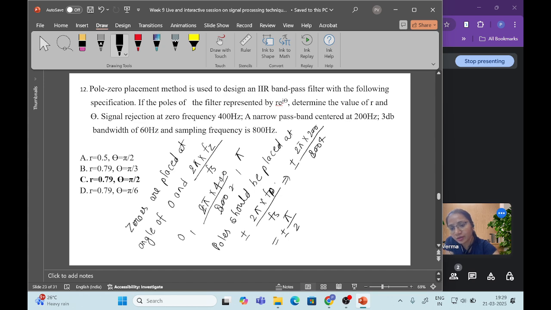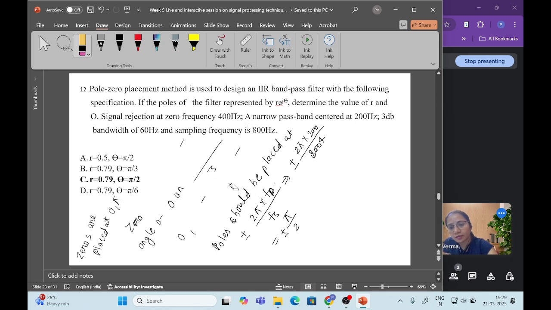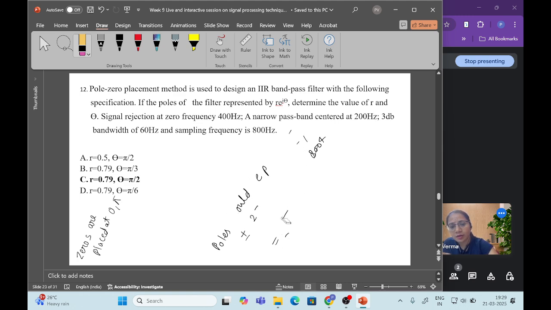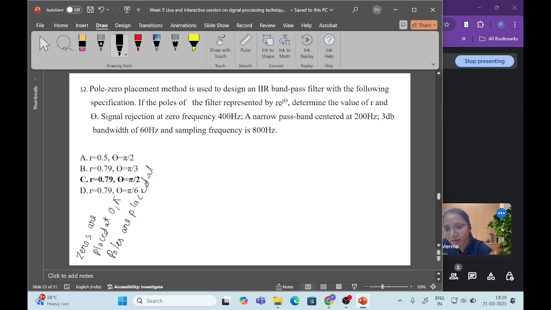Zeros are placed at 0 and pi, and poles are placed at plus minus pi by 2, as we have determined.